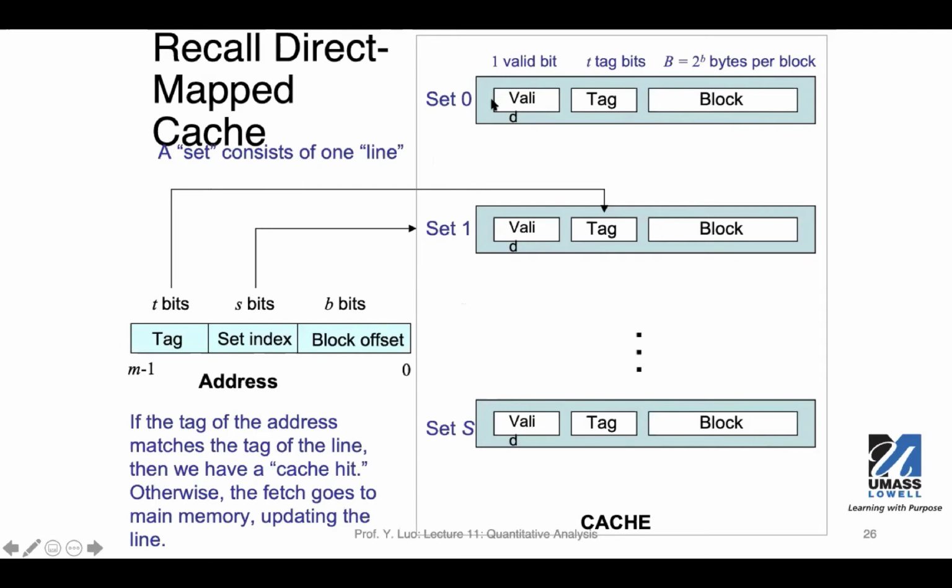So this is the valid bit, one bit to indicate whether this block has valid data or not. This is for indicating at the very beginning there's nothing in the cache yet. So this valid bit will be set to 0 to indicate there's nothing there. Once you fetch any data and put it into the block, that valid bit will be set to 1 to indicate there's something.